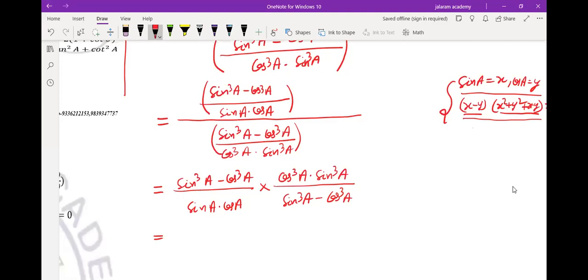So the numerator is sin cube A upon sin A, which is sin square A. Cos cube A upon cos A, which is cos square A, equals the right hand side, and proved. Is that clear to you?